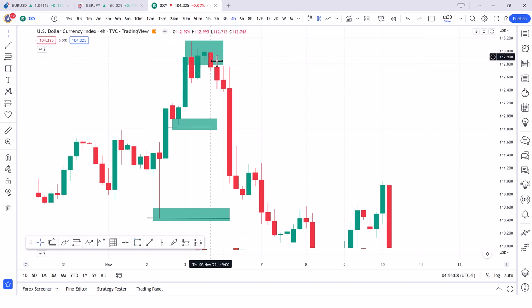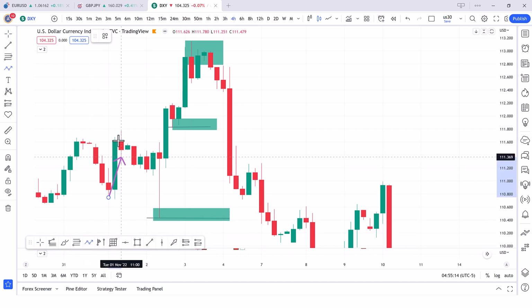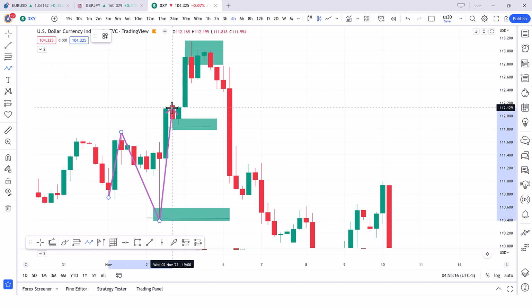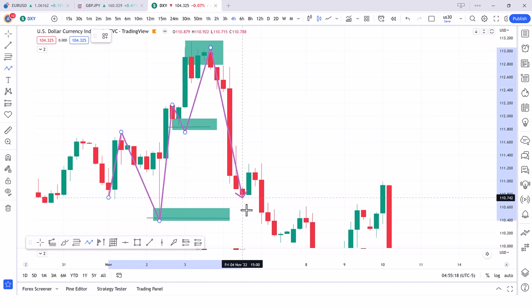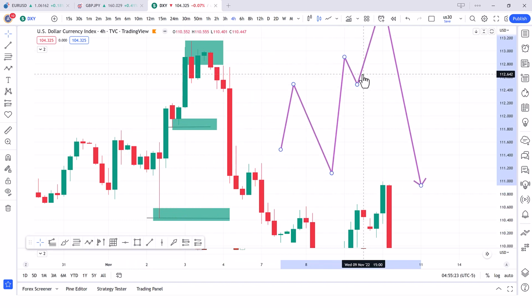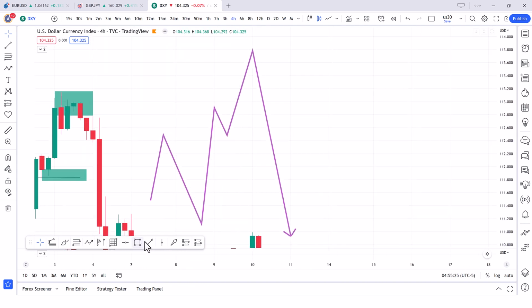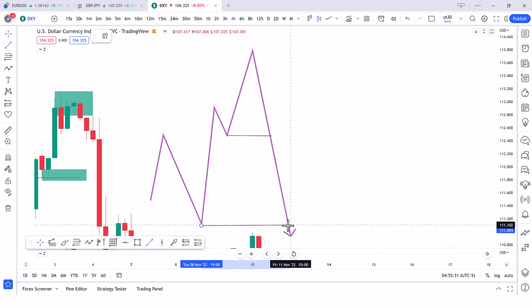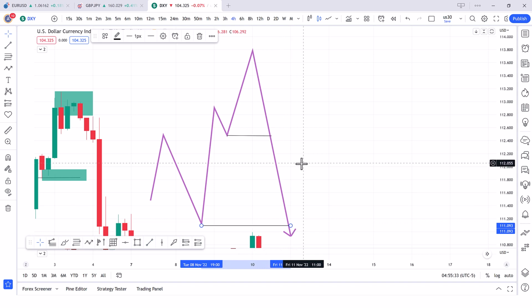And when the market comes back and breaks these swing point lows, we have our minor pivot completed. You can see that it breaks both of these swing point lows. That is our neckline. So it is the schematic of a minor pivot high.